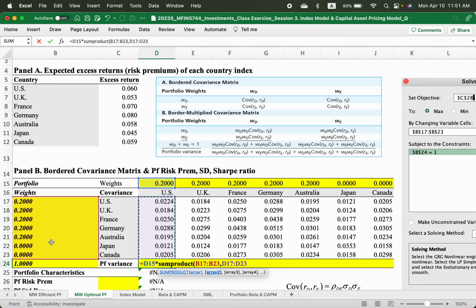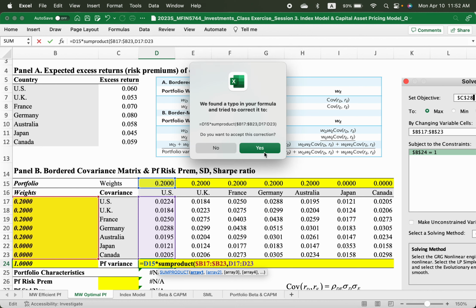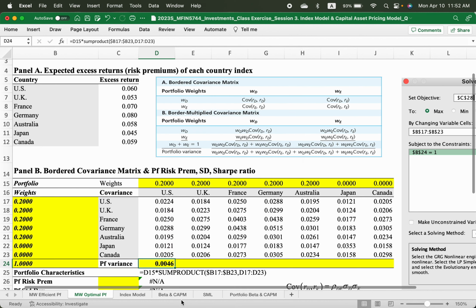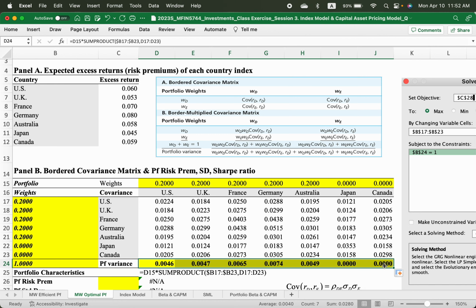But we want to be very efficient again. I want to fix the column, so that when I drag to the right, I calculate all.